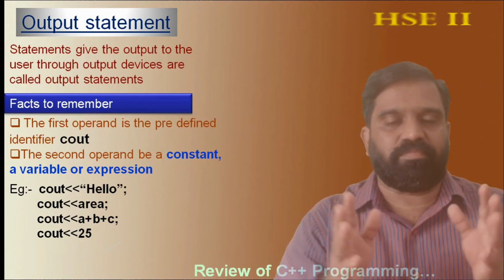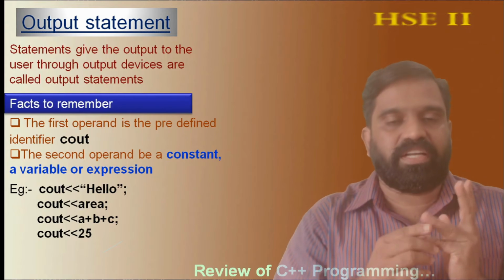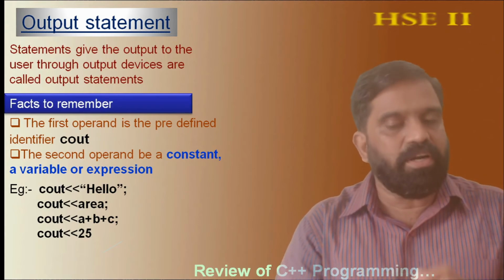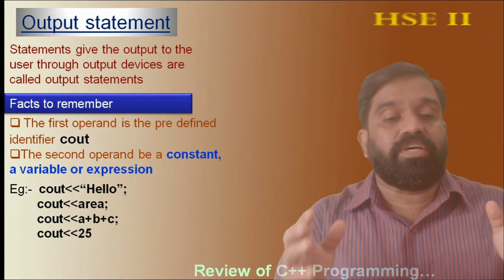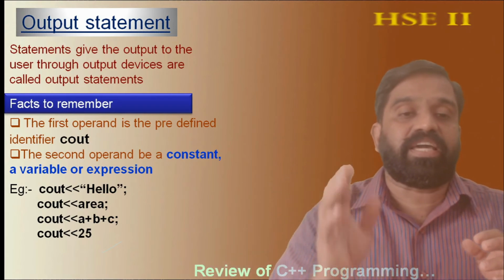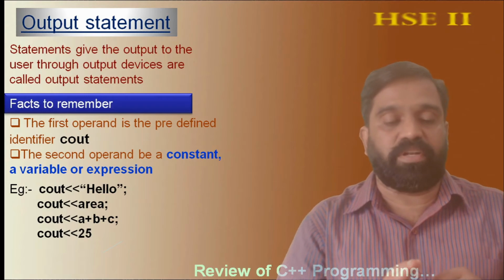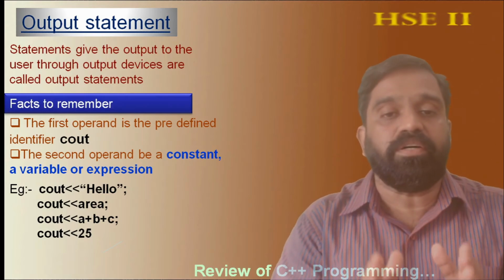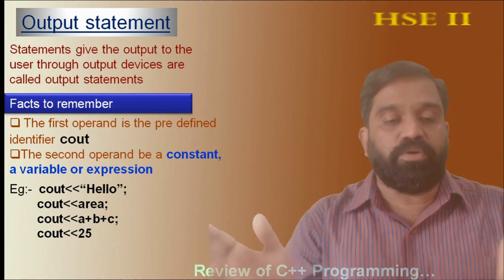Directly we can print a constant. Directly you can show values that are there in a variable, or you can use an expression as the second operand of the output statement. An expression returns a value, and that value will be displayed through the display unit.